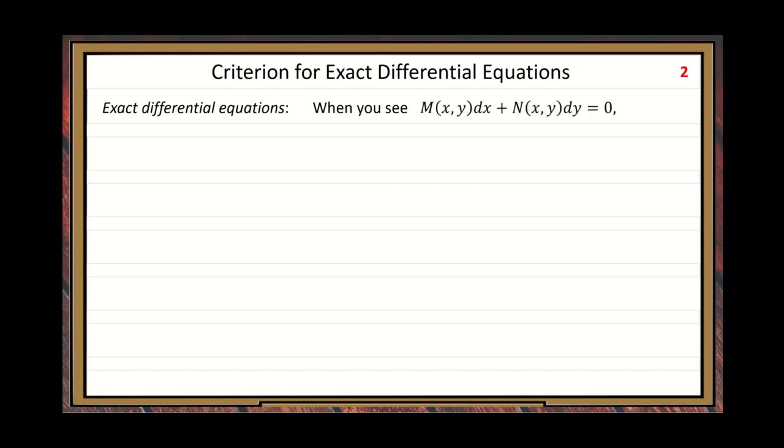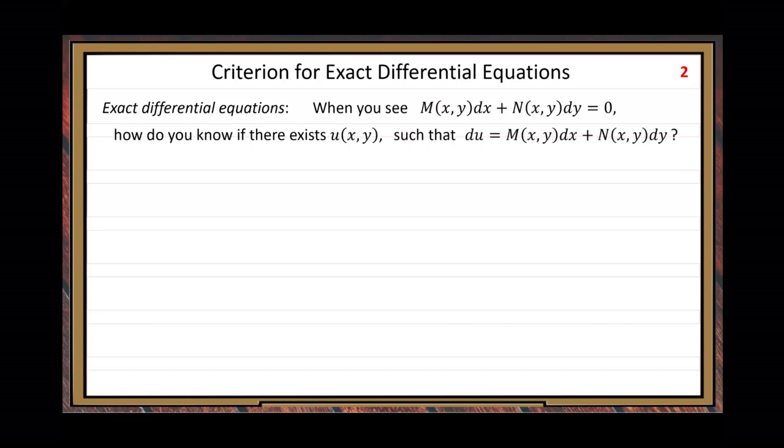So when we see this general format, we want to ask ourselves, how do you know if there exists a u function such that du equals this expression? We wish to have, right? That's our goal.